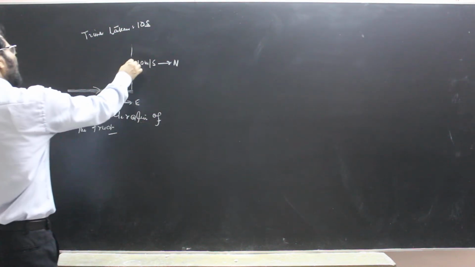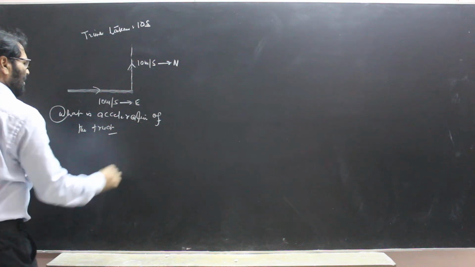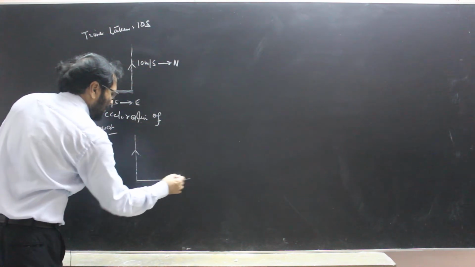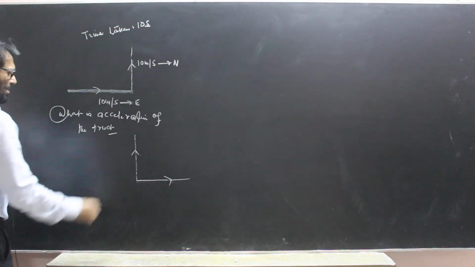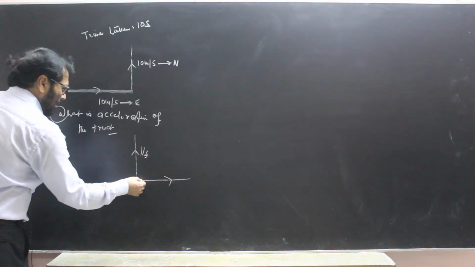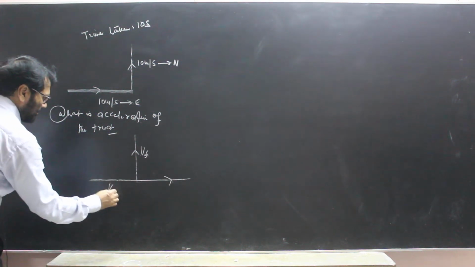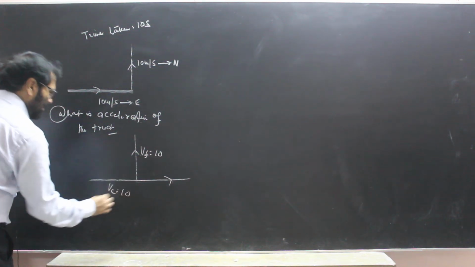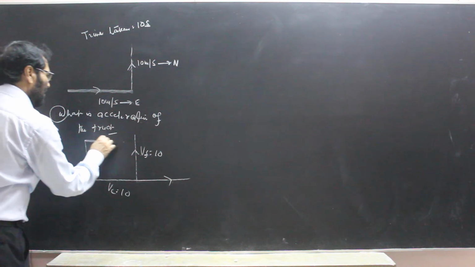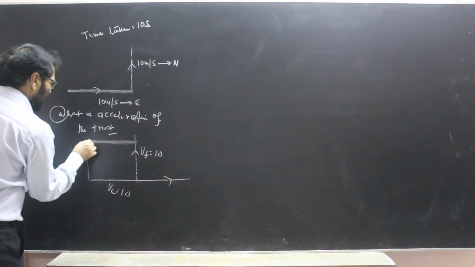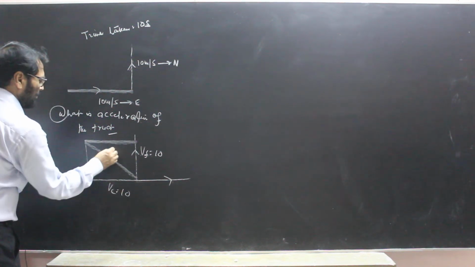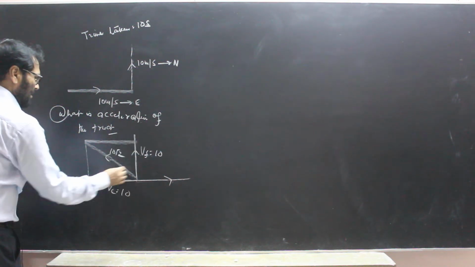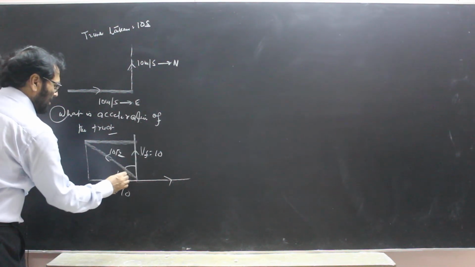Now this is the final velocity, and this is the initial. Change is final velocity minus initial. Again this is 10 and this is 10. The resultant is of course 10 root 2. And it is north and this is west, so it is northwest.